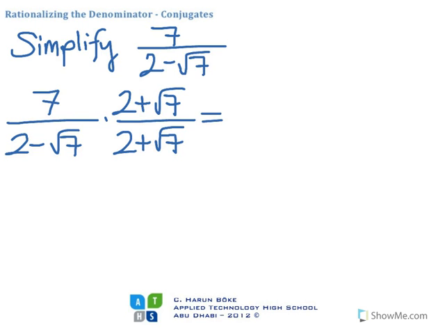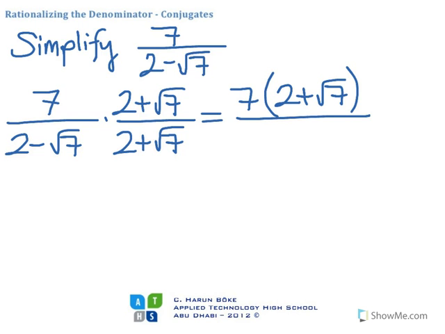Now, the multiplication will be like that. 7 times 2 plus square root of 7 at the top, and at the bottom I'm going to have nothing but the difference of squares, which is 2 squared minus square root of 7 squared.